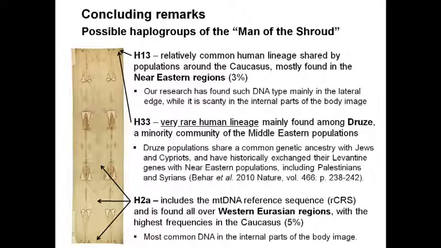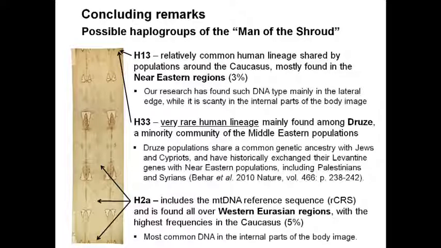In my concluding remarks, I'd like to comment on the possible haplogroups of the domain of the Shroud. H13 is a relatively common human lineage shared by populations around the Caucasus, mostly found in the Near Eastern regions, up to 3%.